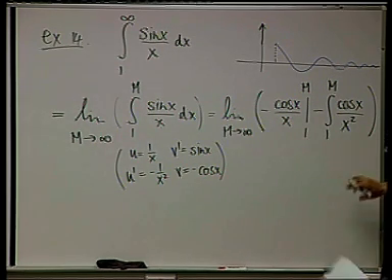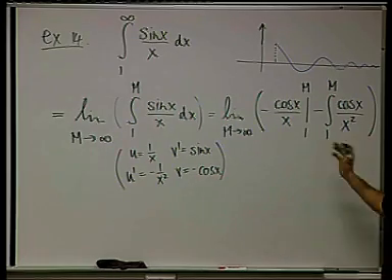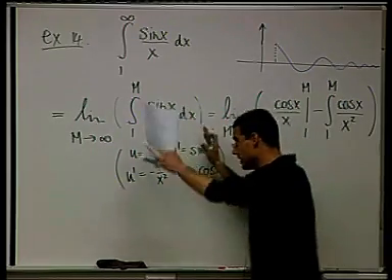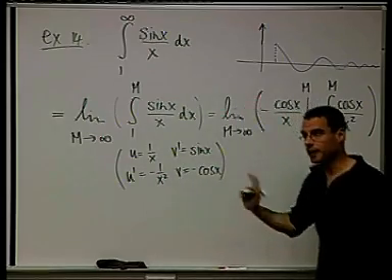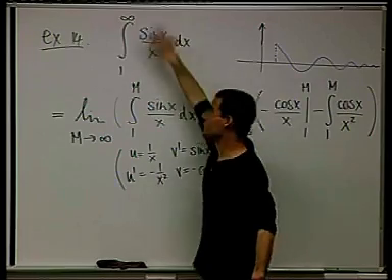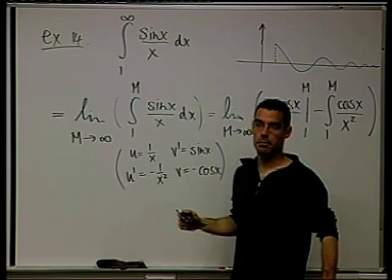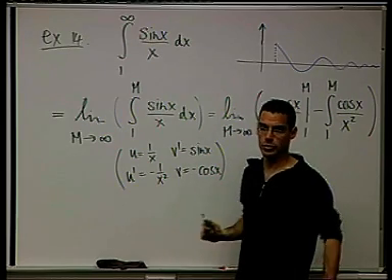Okay, so I can apply any of the methods I want, integration by parts, substitutions, whatever, as long as I'm working at the definite integral level. Some people actually do these things at the 1 to infinity level. You may even find that in books. Please don't do that.